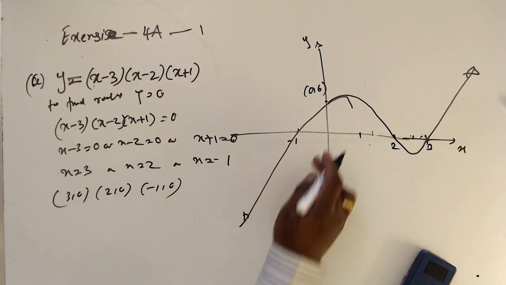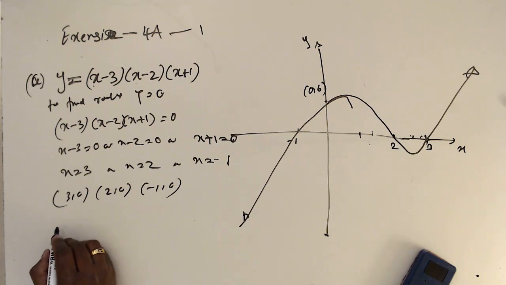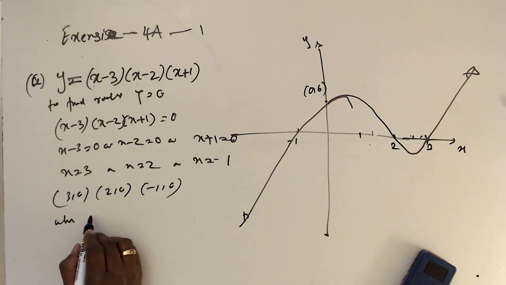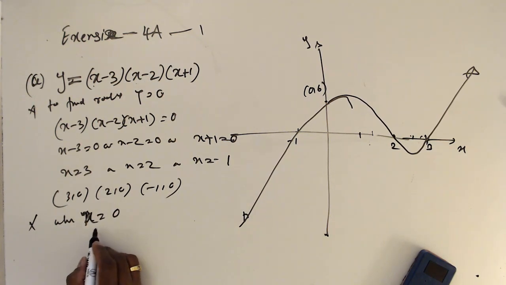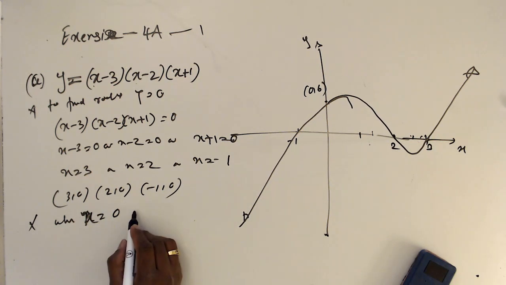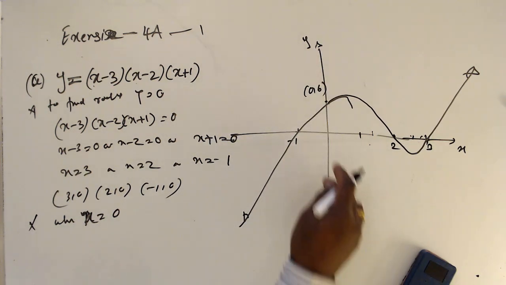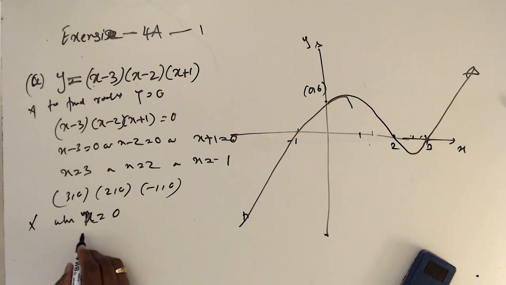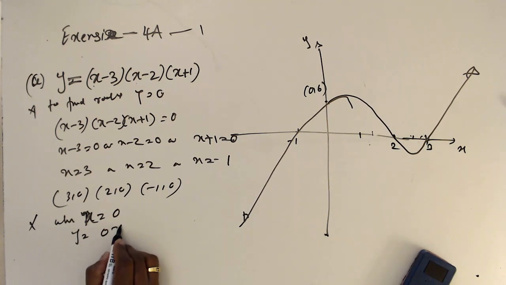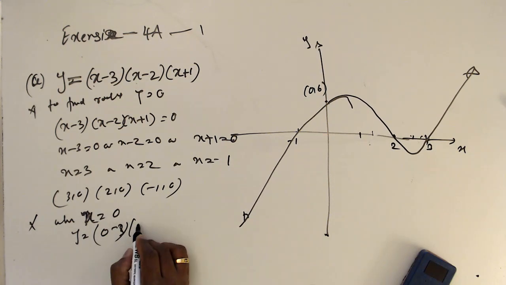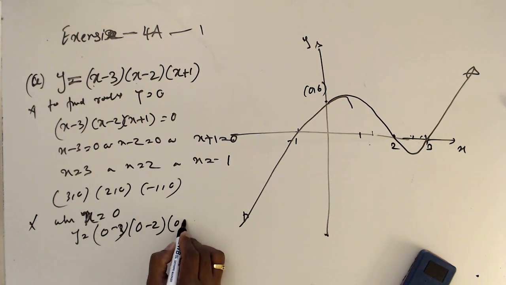Then to find where the graph cuts the y-axis, x equals 0, so y equals (0 minus 3)(0 minus 2)(0 plus 1).